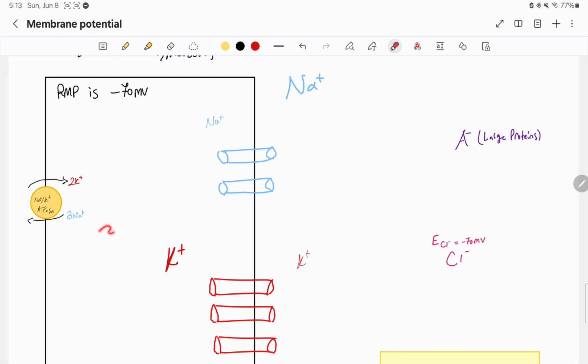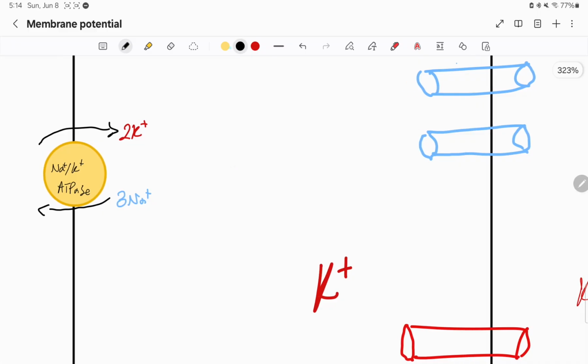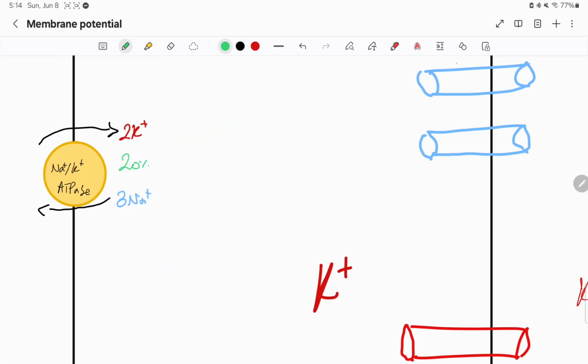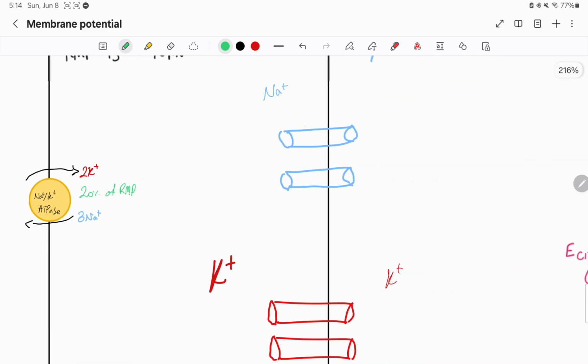So it's making the cell negative by maybe 1 to 3 millivolts. Percentage-wise, he contributes about 20% to the resting membrane potential by making the cell just a bit negative.